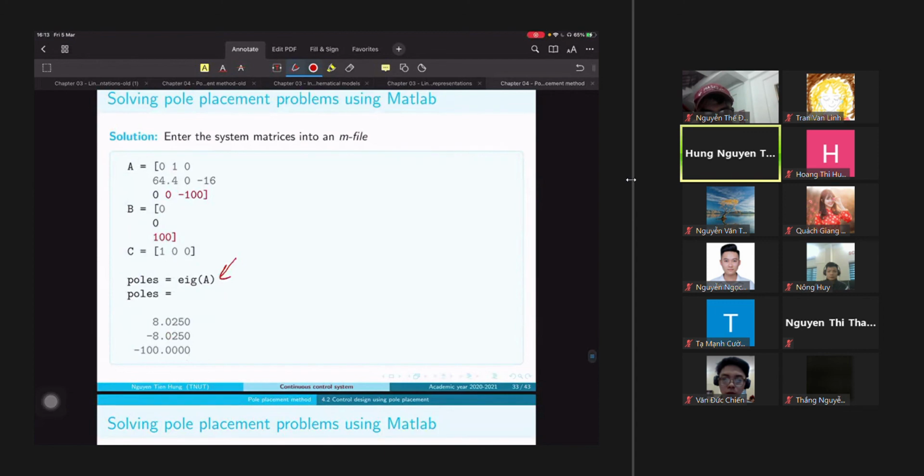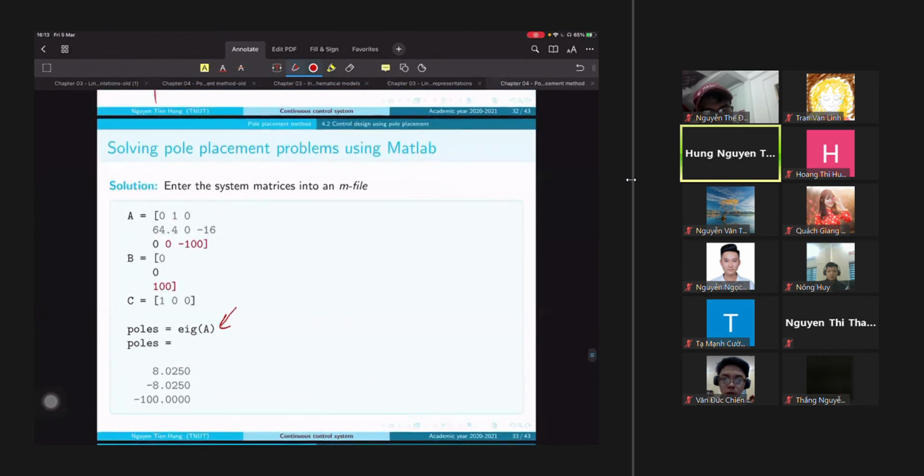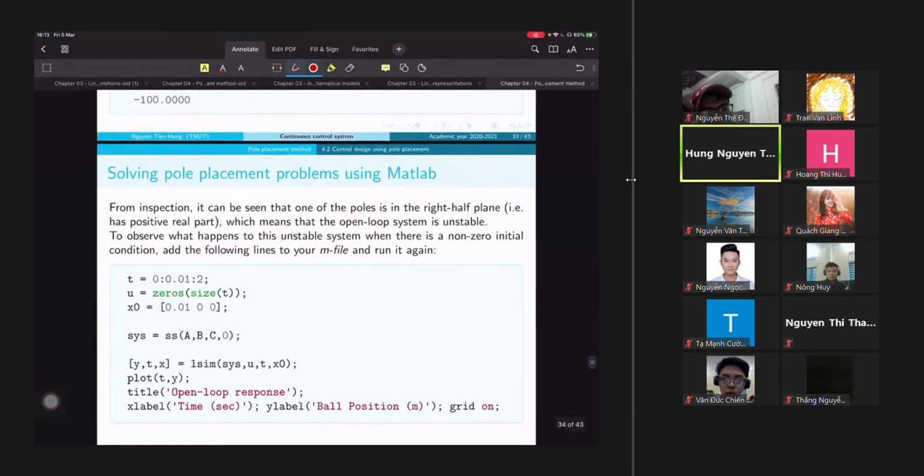So you know how to control or how to use this. We assume that we can put it into MATLAB and use eigenvalues to find the poles, and the poles are here, and one pole is still positive.